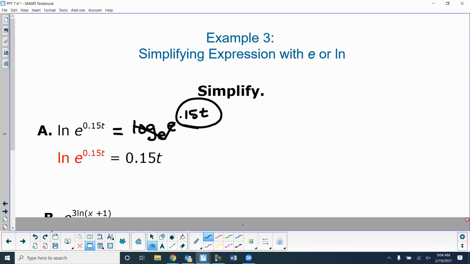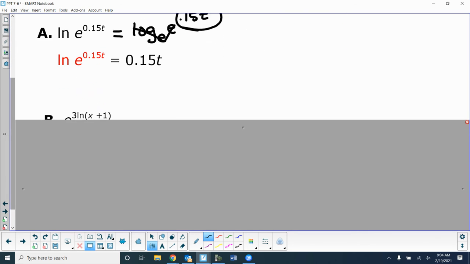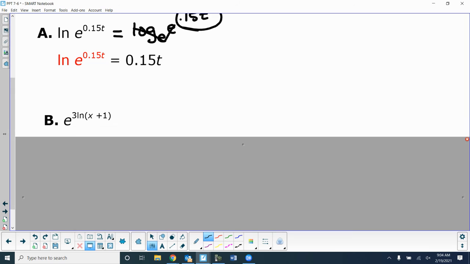If you see e to a power and ln is in that power, they cancel. But now what about that 3 that was there? What should I have done with that first? Not distribute it. Put it as the exponent.